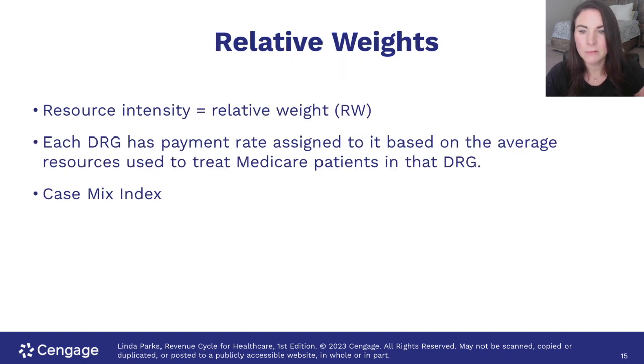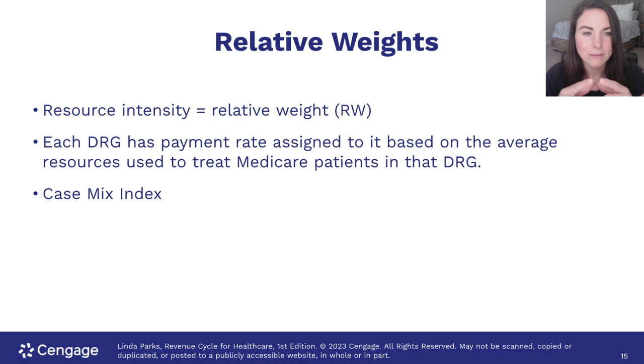Okay, we've talked about relative weights a couple of times. This measures the resource intensity, how much is used to treat a patient. Every DRG is assigned a relative weight, and each DRG also has a payment rate assigned to it based on the average resources used to treat a Medicare patient in that DRG. So the relative weight is what personalizes it to each patient.